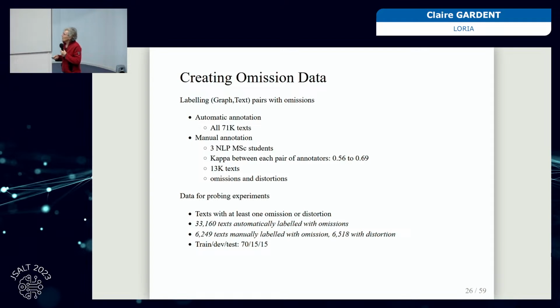So they are incorrect, still not semantically adequate, but also very different from omission, where an entity is not mentioned at all. So we label our texts with information about whether or not they contain omission and distortion when we have the manual annotation. Then we are going to use this data to train and test our probes.